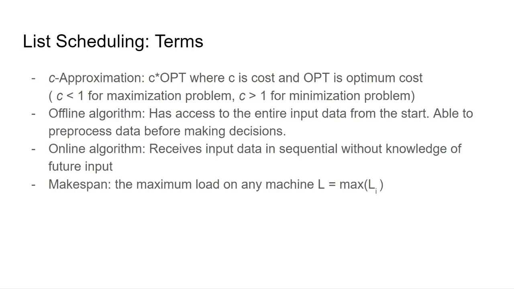An offline algorithm has access to the entire input data from the start of the algorithm and is able to pre-process that data before making decisions, while on the opposite side are online algorithms. Online algorithms make decisions immediately upon receiving each piece of input data, often with incomplete information about the entire problem. And then finally, we have makespan, which is just the maximum load on any machine.